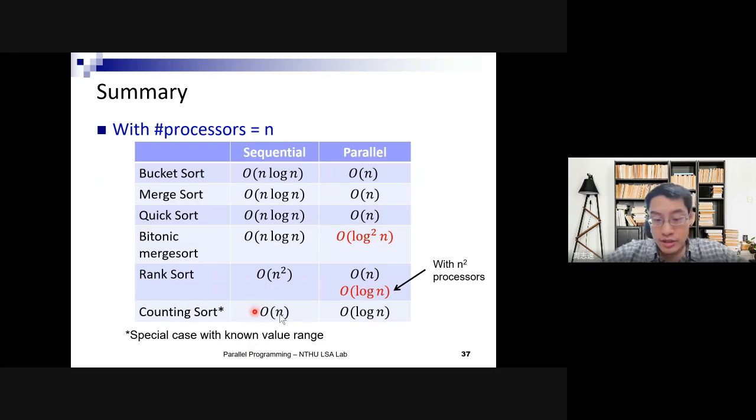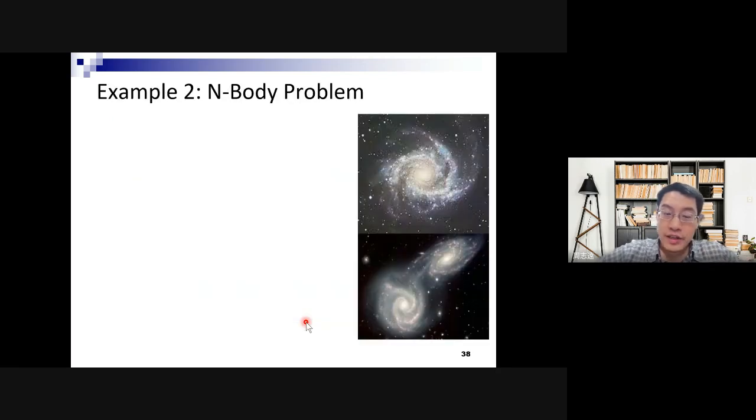And finally, for some special cases, like counting sort, it is possible to reach O(log n), but with some constraints. Okay, all right. So that's it for our first example.